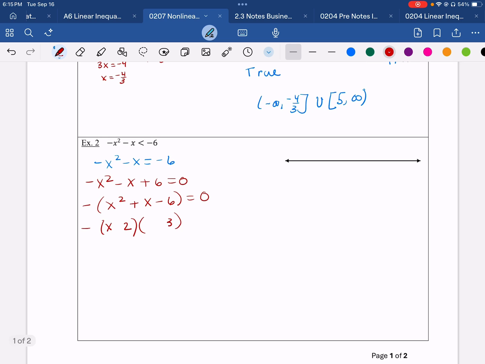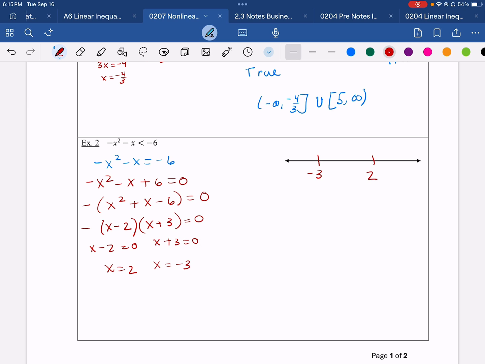A 2 and a 3. x plus 3, x minus 2. If you divide by the negative, it would cancel out. There's no letter with the negative, so it's x minus 2 equals 0 and x plus 3 equals 0. So x equals 2 and x equals negative 3. Again, it's a polynomial, so there's nothing undefined. So I have a negative 3 and a positive 2.